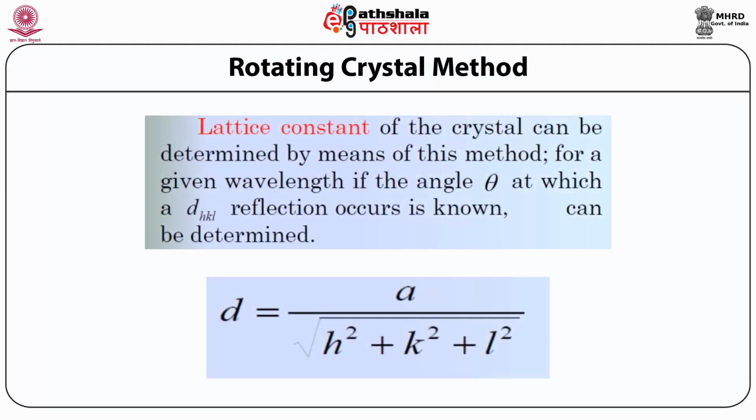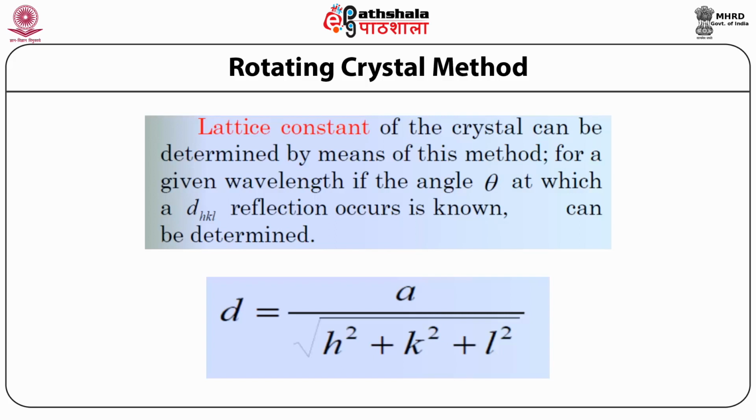This slide shows us how we can determine the lattice constant by the rotating crystal method. You see the formula here, d is equal to a upon square root of h square plus k square plus l square. From a given value of theta, from the Bragg relation, we calculate the value of d, and using the value of hkl, let us say 001, we find the value of the lattice constant.